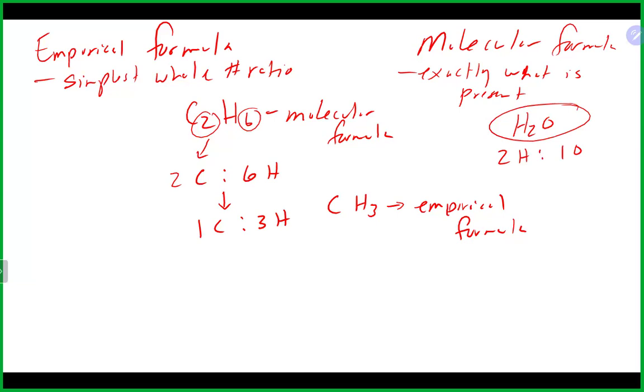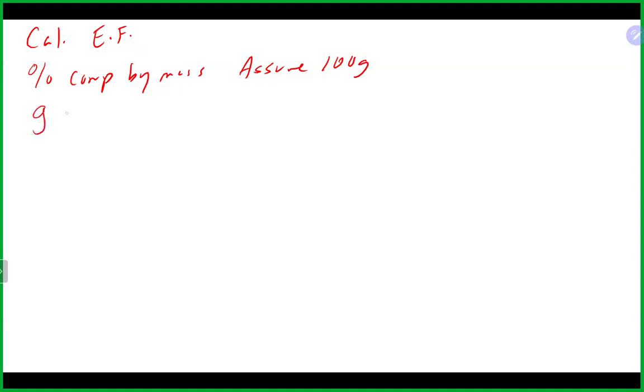We also talked about how to calculate these things. To calculate the empirical formula, the first thing you want to do, if you're given the percent composition by mass, is assume 100 grams. What that does, as we talked about, is essentially just turn the percentages into numbers, and that will give you the grams of each element.